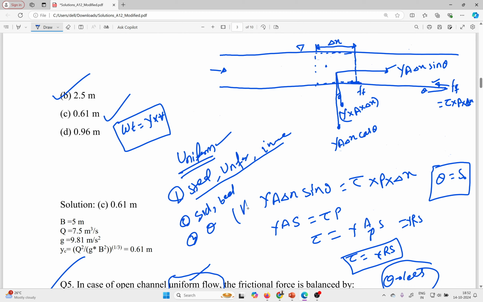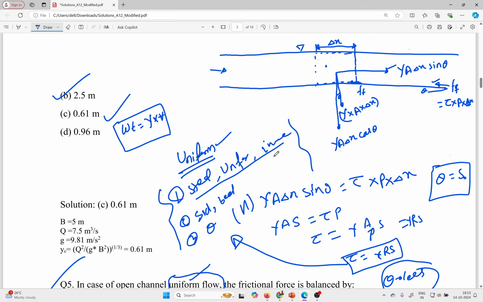So that's why your hydrostatic pressure is only acting vertically. Acting vertically means having some theta value, but we can neglect it. There is no harm in neglecting this. So these are the assumptions behind this equation. Please remember, before using this type of equation, you need to know them.